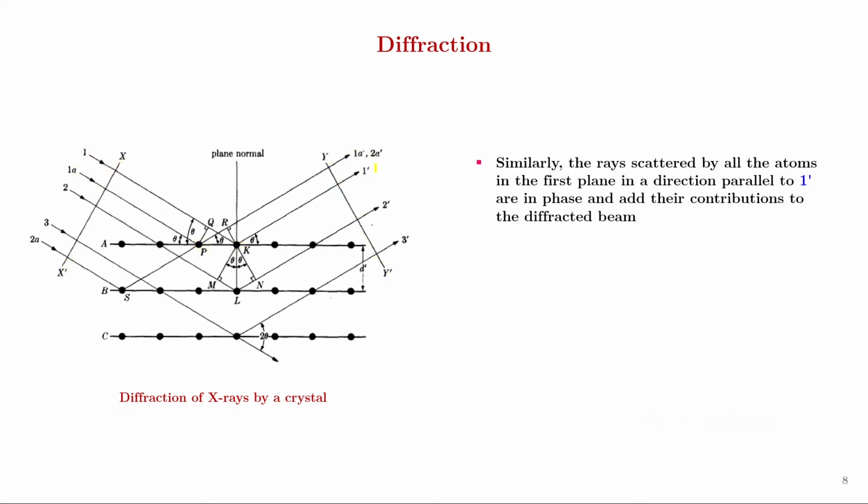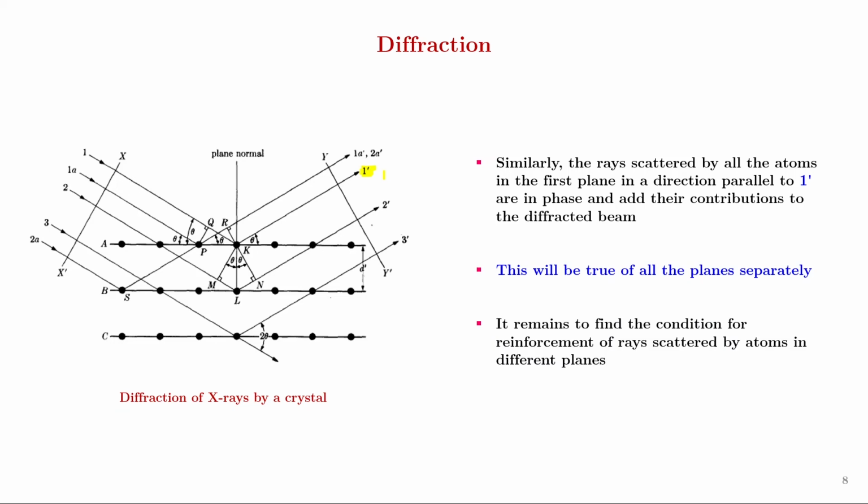Similarly, the rays scattered by all the atoms in the first plane in a direction parallel to 1' are in phase and add their contributions to the diffracted beam. This will be true of all the planes separately. It remains to find the condition for reinforcement of rays scattered by atoms in different planes.